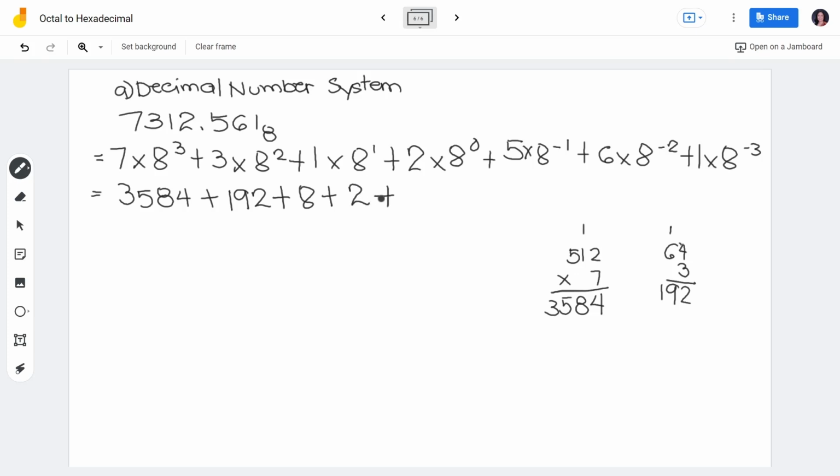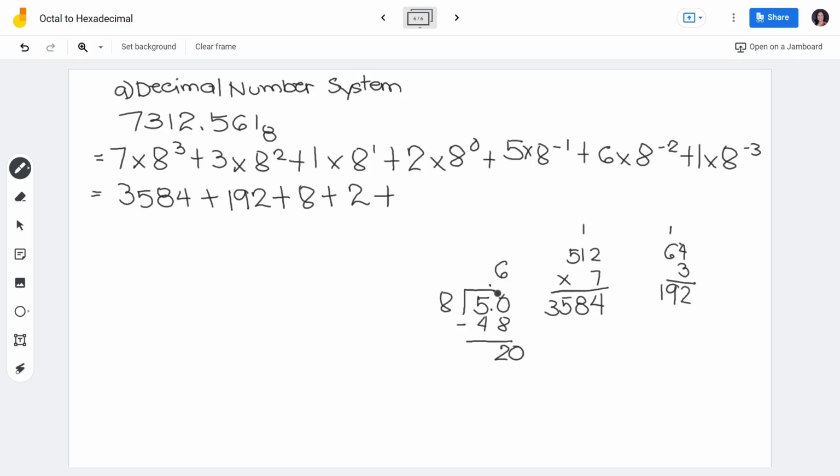Plus we have 5 over 8, so 5 divided by 8. How many 8s are there? 6. 6 times 8 is 48. And then 50 minus 48 is 2.